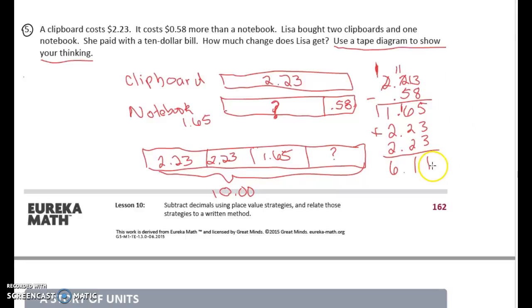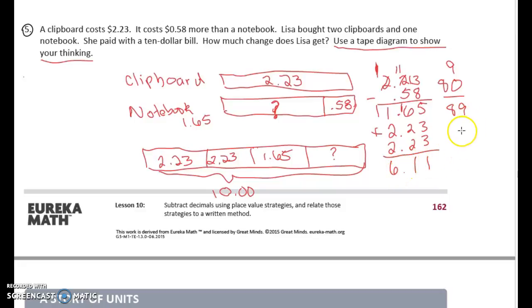So now we can kind of mental math this. I know that if I have 11 and I add 9 more to my 11, gets me to 20. So I added a 9 to get to 20. And now if I'm at 20, I know if I add 80, that's going to get me up to 100. So that's going to be 89. And so now we're at 7 because we added 89 cents to this.